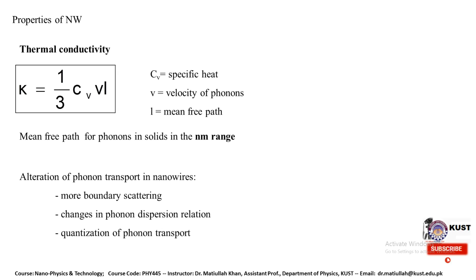So we have alteration of phonon transport in nanowires, which has more boundary scattering that changes the phonon dispersion relation, and it also causes the quantization of phonon transport, and the final outcome is that the thermal conductivity is reduced.